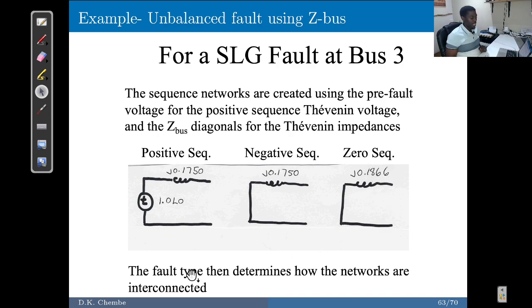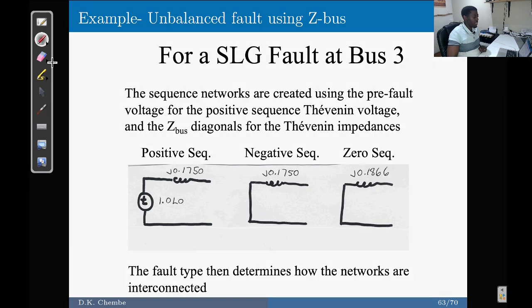Then the fault type, like I mentioned, now determines how the networks are interconnected. Okay, if it's the line to ground fault, then you connect these networks in series. If it's the line to line fault, okay, you connect the positive and the negative sequence.